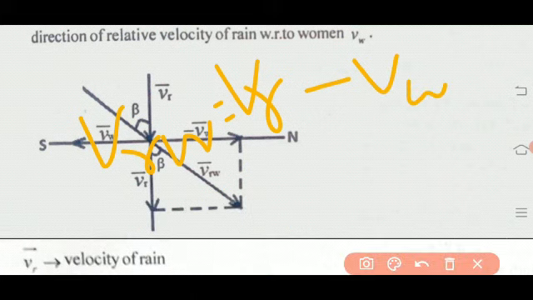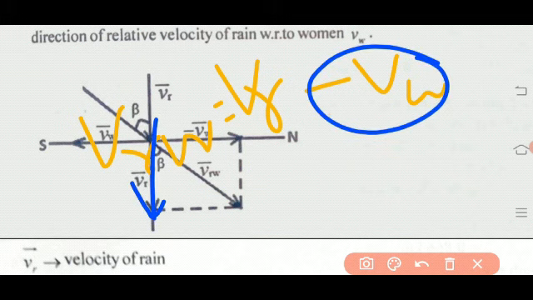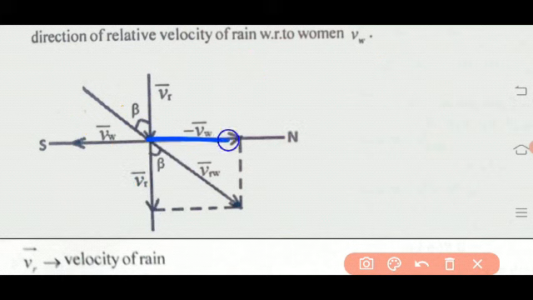In the graph, this vector is VR. We need another vector in the opposite direction of VW. Just draw the opposite vector for VW, with the same magnitude, that is minus VW.